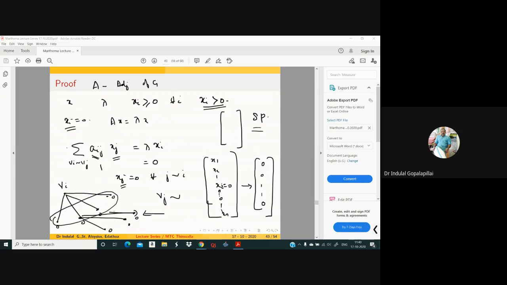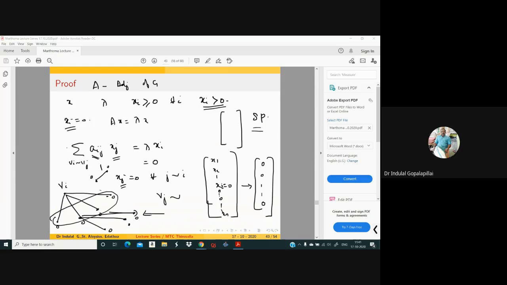I understood your question. Your question is, what happens if this happens in a cyclic way? But then the problem is the graph is connected. If this happens in a cyclic way, then no vertex among these will be adjacent to certain vertices here. If any vertex is adjacent to any other vertex, by the same argument, we can show that the entries corresponding to these vertices are also zeros.